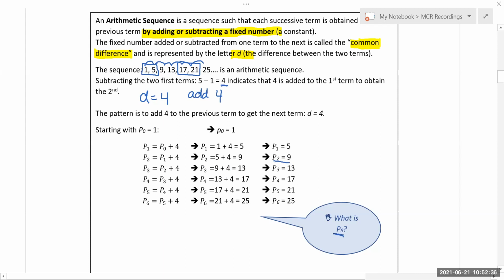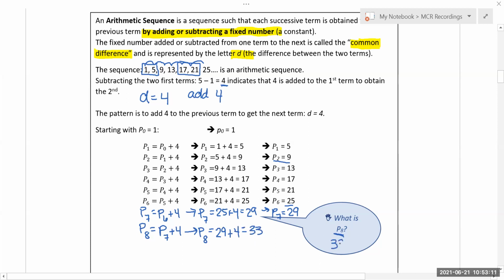If I want P8, I look at P7. P7 is going to be P6, which was the 25, plus 4, which is 29. So P7 is 29, and then we're going to do this one more time. P8 is P7 plus 4, so P8 is 29 plus 4, which is 33.